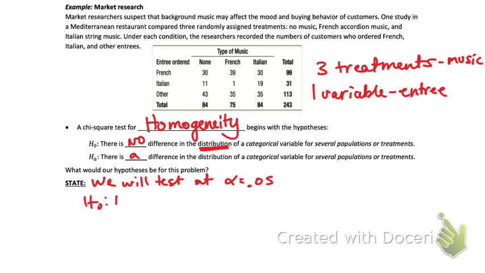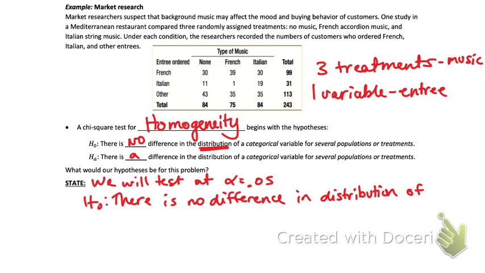The null hypothesis: there is no difference in the distribution of entree ordered. We're actually writing in context of the problem. There is no difference in the distribution of entree ordered for each music type.